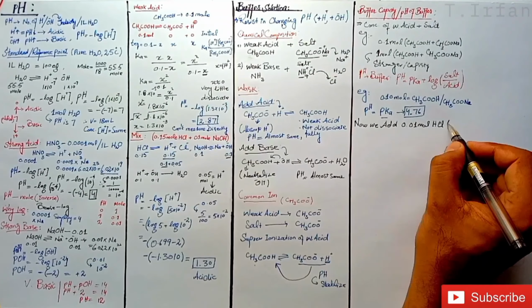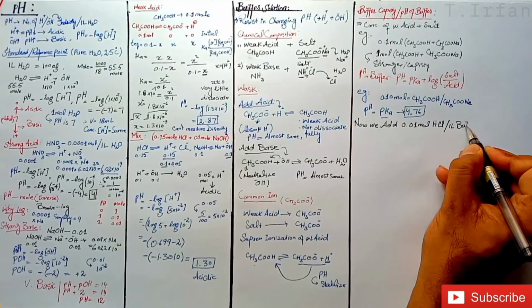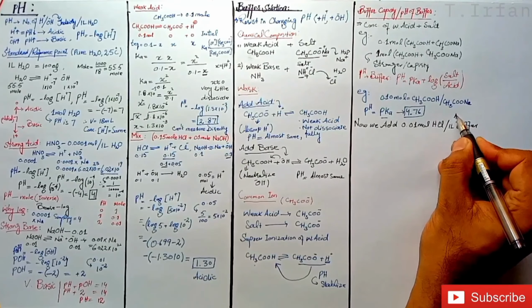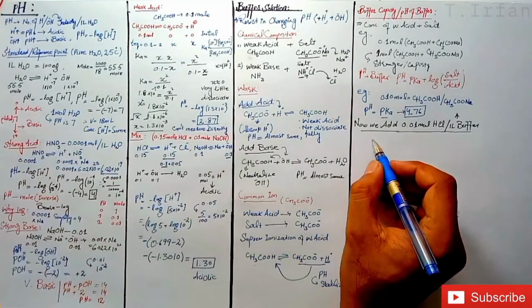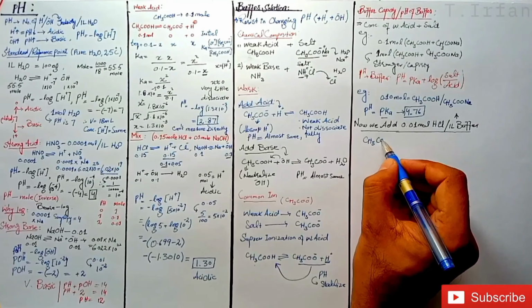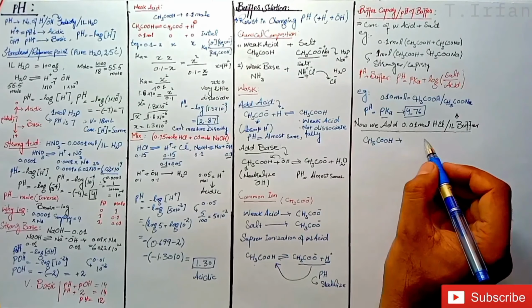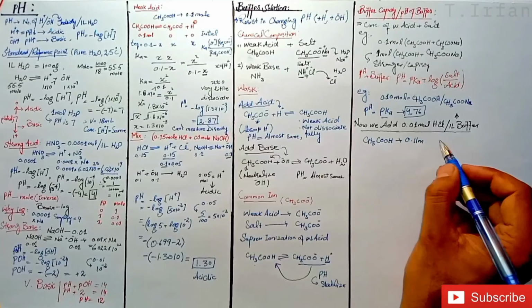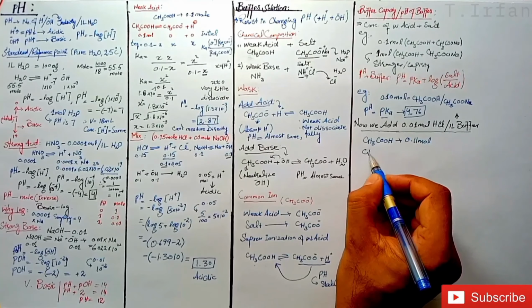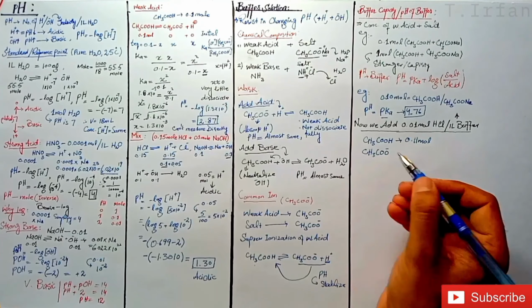Now we add 0.01 mole of hydrochloric acid to the above 1 liter buffer solution to check buffer capacity. As we add the strong acid, 0.01 mole of hydrochloric acid, it dissociates completely and the number of hydrogen ions increases.